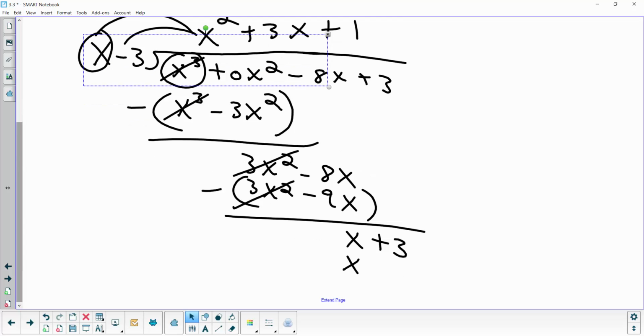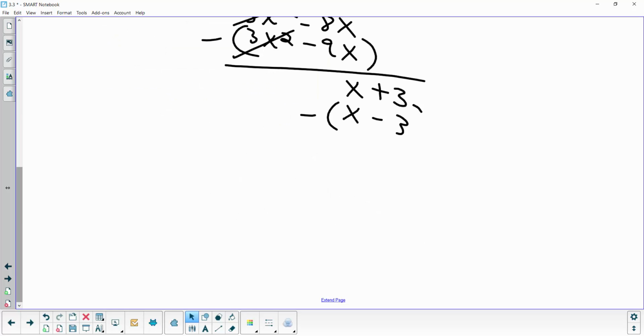X. And 1 times negative 3? Negative 3. And Zach, what am I going to do with those columns? Subtract. Good. Tyler, x minus x. 0. That's gone. And 3 minus negative 3. Ashley? 6. That's my remainder.